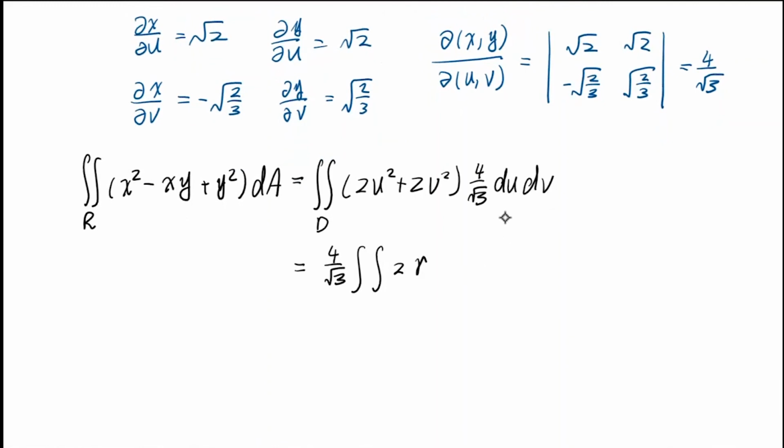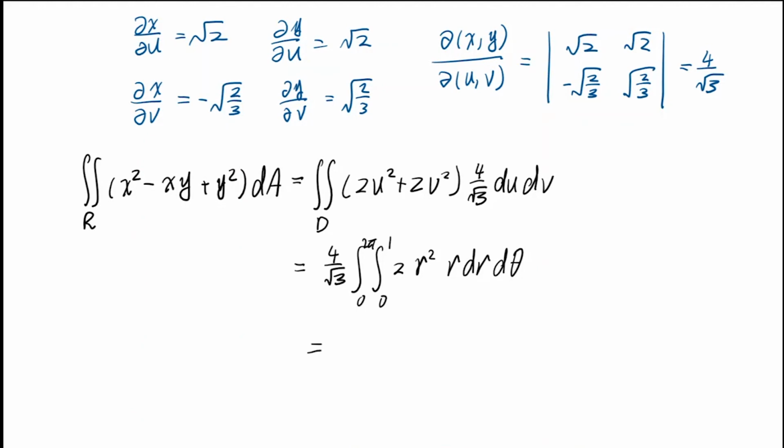This is a polar coordinate, not from xy to uv. This is from xy to r theta. This is uv to r theta. So we pick up another r here, right? I'm gonna write it separately. So r squared, and then r dr d theta. r will vary from 0 to 1, theta will vary from 0 to 2 pi. Are you still with me?